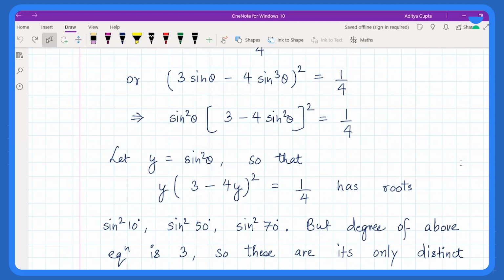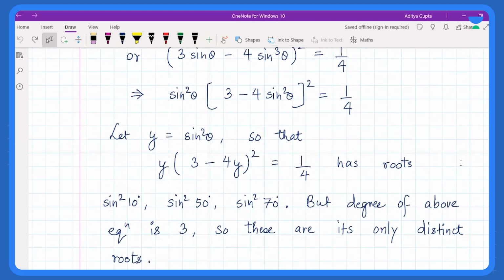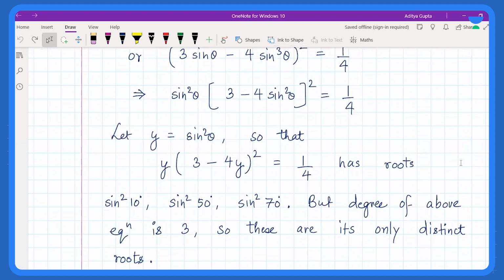The degree of this equation in y is 3, so these are the only distinct roots, because a third degree equation can only have 3 roots and we already have 3 distinct numbers which satisfy the equation. There can be no other roots; these are the entirety of its roots.